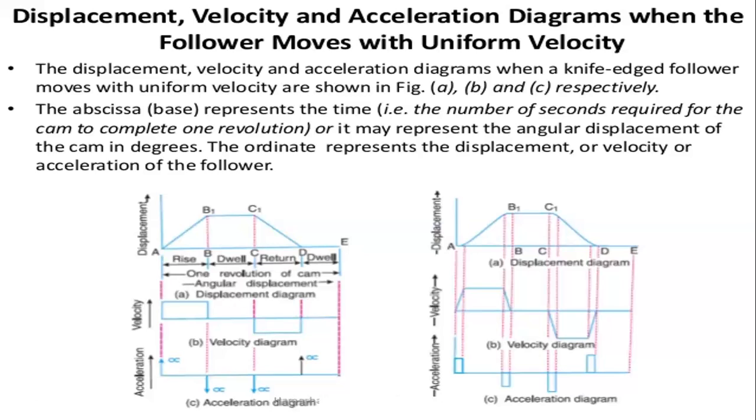You can take it as 20 degrees also. So 1 centimeter is equal to 20 degrees, based upon your purpose. If they have given that the rise of the follower is in the first 60 degrees, then what length do we get for 60 degrees, based on the value we took? We assumed 1 centimeter is equal to 10 degrees, so 6 centimeters is equal to 60 degrees.